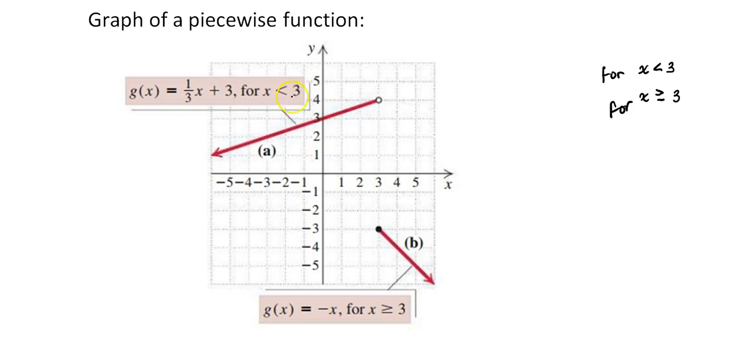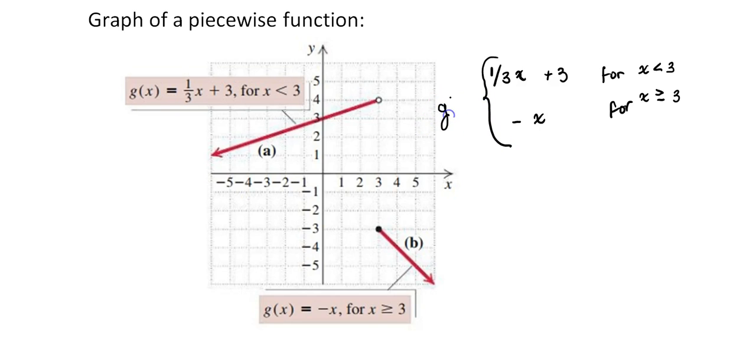So for x less than 3, I have 1/3 x plus 3. Again, that's for x strictly less than 3. And here we're saying negative x for x greater than or equal to 3.